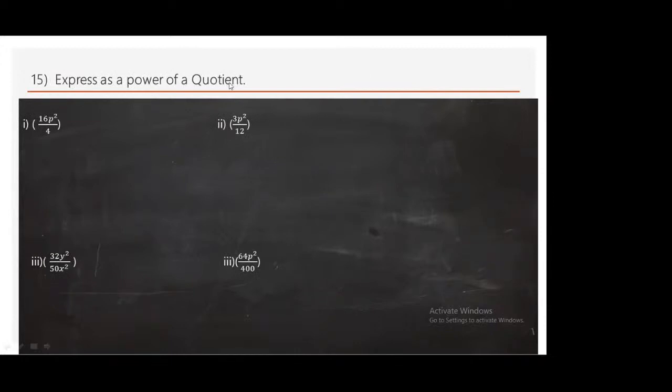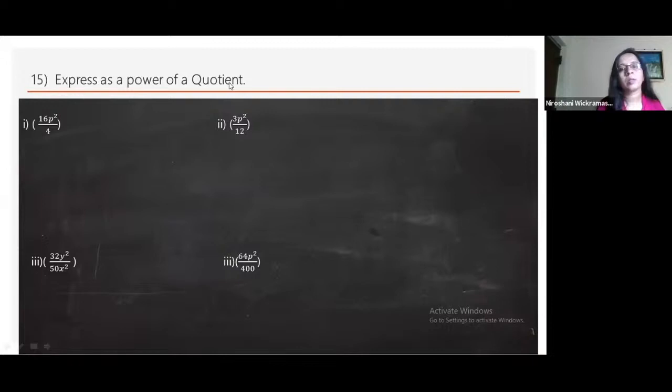Express as the power of a quotient. So now look at 16. This is 4 squared. 16 is a square number. So we can write it as 4 squared p squared divided by 2 squared. Now we can write it as a power of a quotient. How can we write?